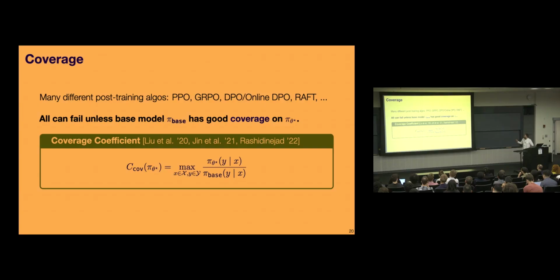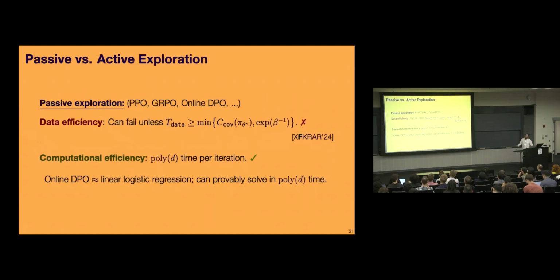Okay, but what I claim, again formally, is that any of the RL algorithms that are used in practice right now can fail unless the amount of data they collect scales either with this coverage coefficient or exponentially in the inverse of this regularization parameter.